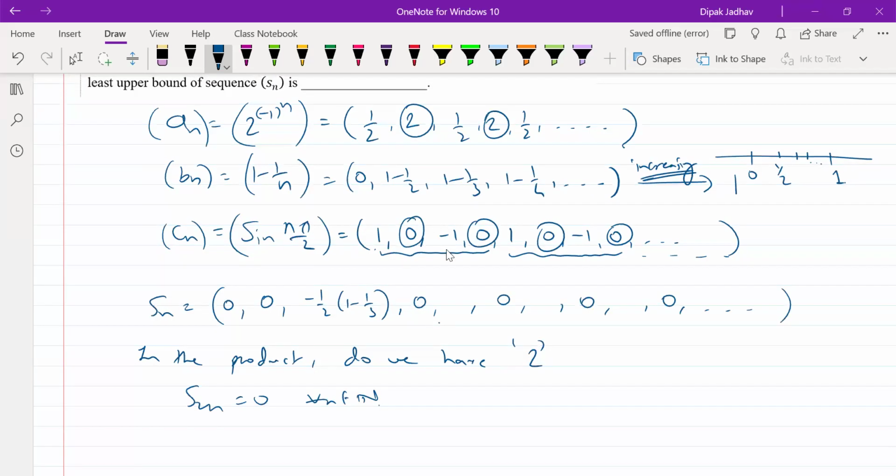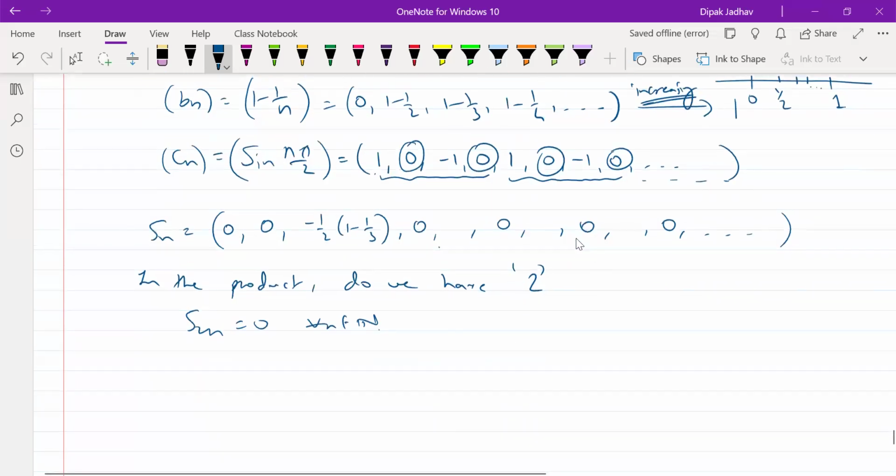And then first is positive, third is negative, fifth is positive, seventh is negative, and so on. So S4n is positive, and S4n minus 1 is negative.